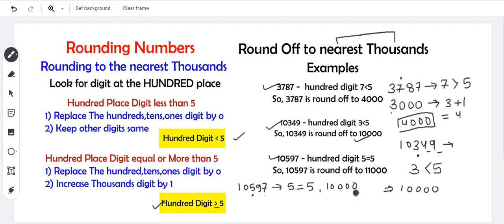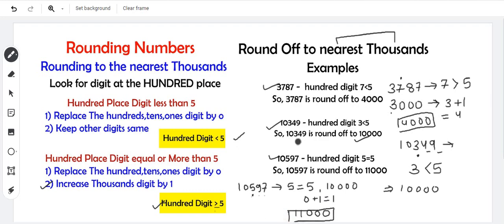Okay, is that clear? And the second rule is increase thousands digit by 1. The thousands digit is 0. 0 plus 1 equals 1. It means 11,000. Is that clear?